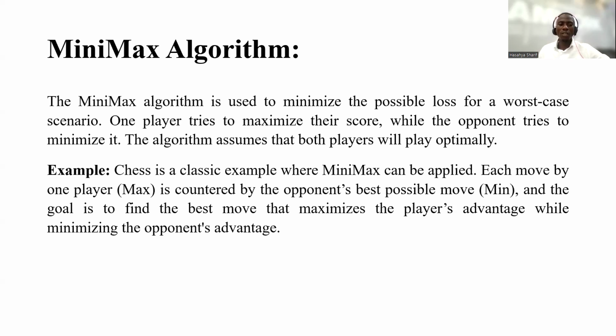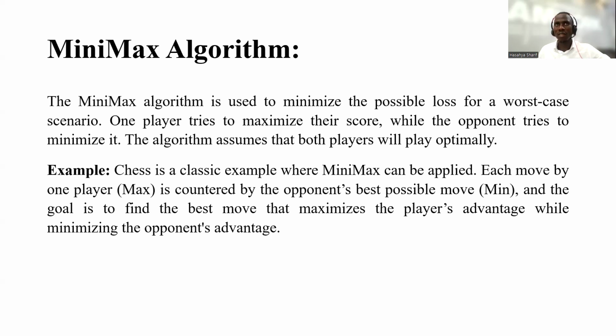And then when you go to the minimax algorithm, this is used to minimize the possible loss for a worst-case scenario. Take an example where a player is trying to maximize their score, while the opponent is trying to do what? To minimize it. So the algorithm assumes that both players will play optimally.